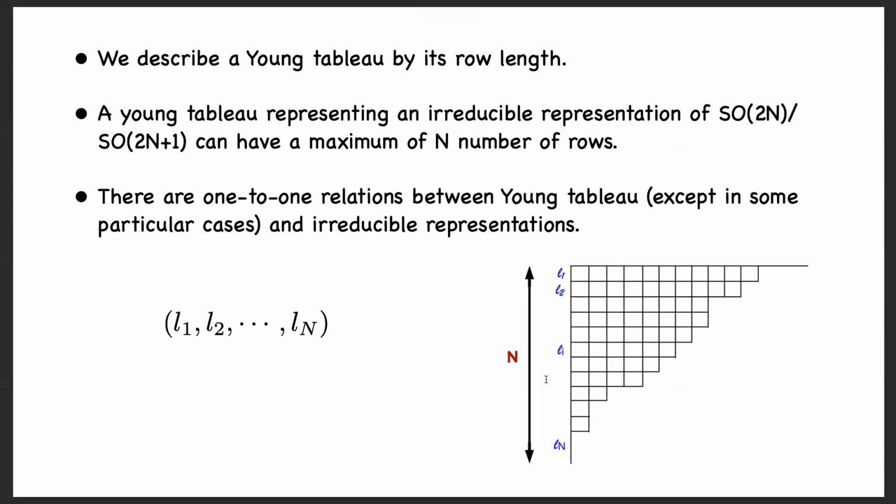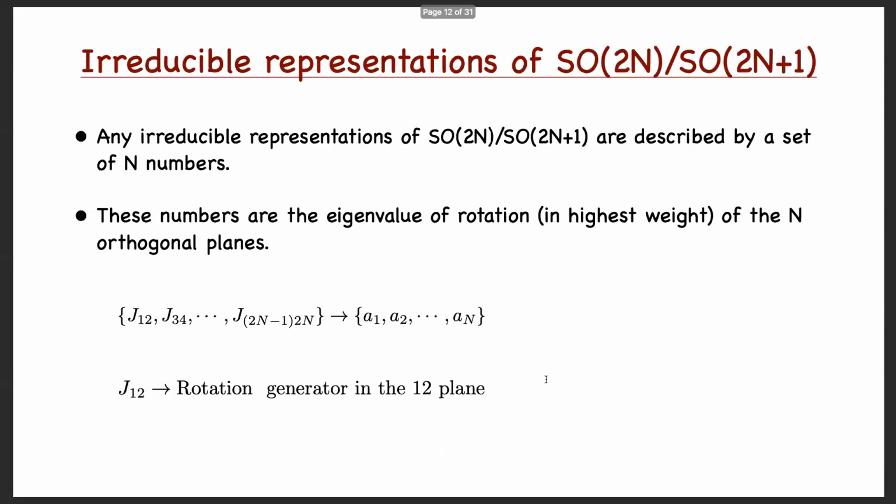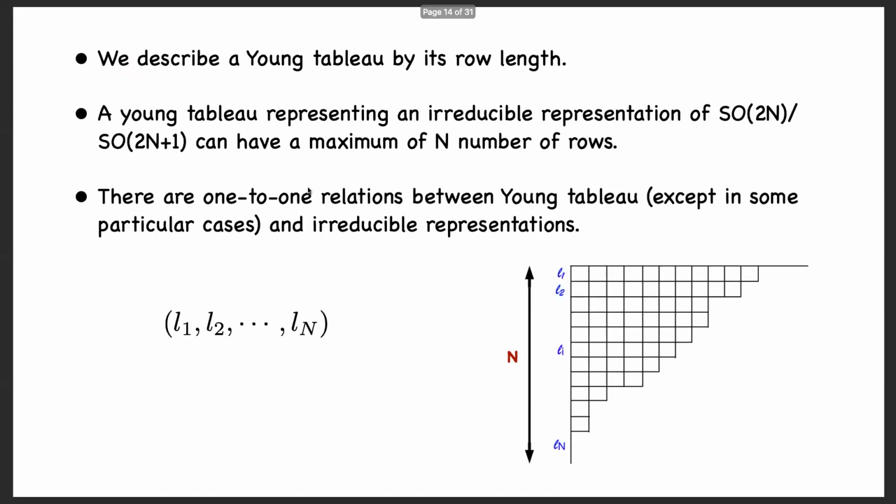As I mentioned here, any physical representation of SO(2n+1) can be denoted by a set of n numbers, and this n is the number of rows of the Young tableau. So any Young tableau is uniquely described by a set of numbers, from L1 to Ln, and these are basically the lengths of the rows. The first row has L1 boxes, the second row has L2 boxes.